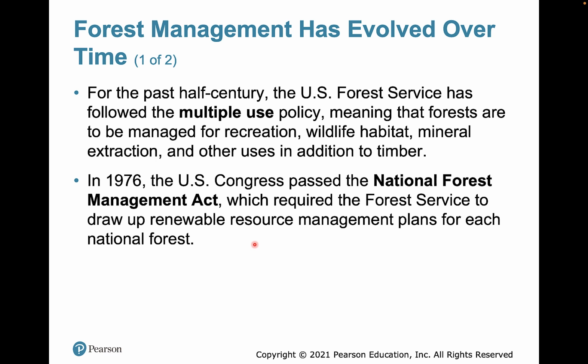And then in the 70s, Congress passed the National Forest Management Act, which required the Forest Service to come up with sustainable plans for each of the national forests. So come up with a plan, because there is no one-size-fits-all solution based on what's available in the forest and what people want to do with that forest. Come up with a plan for each forest.